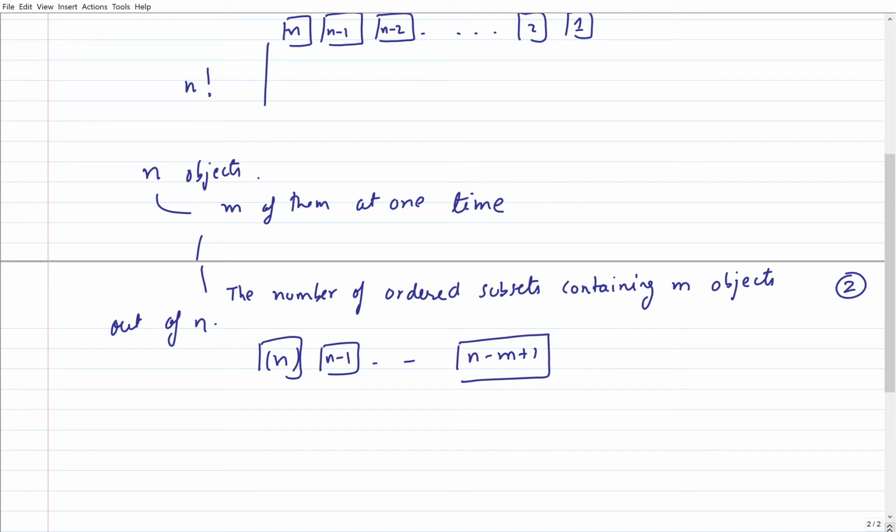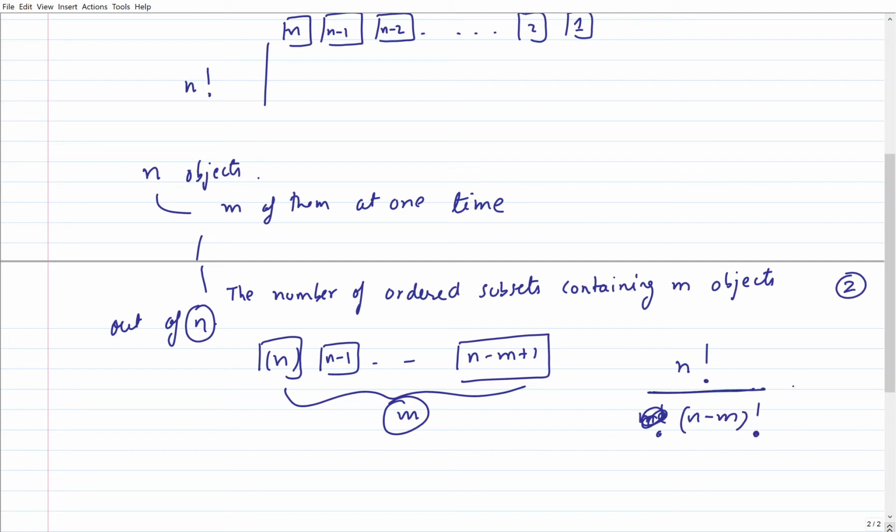So this way, for m objects out of a total of n objects, the total number of ordered subsets, or the number of permutations picking m of them at one particular time, is n factorial over n minus m factorial. This is this thing.